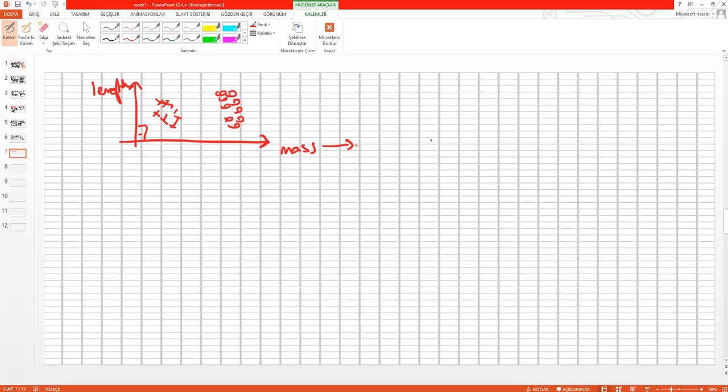Okay? We are always taking a derivative. Just like this one. For example, if we have t and x(t), right?